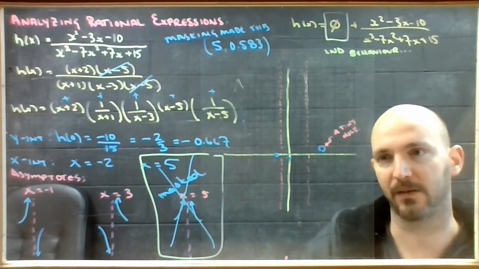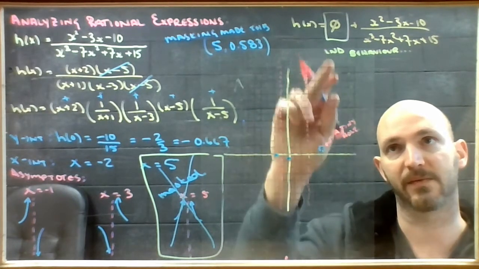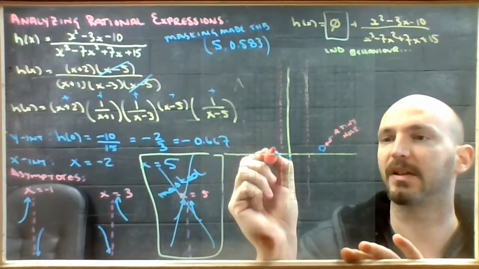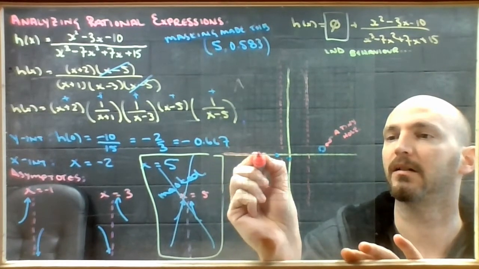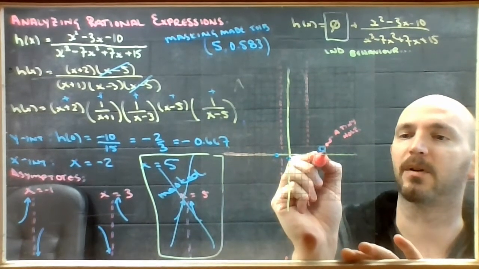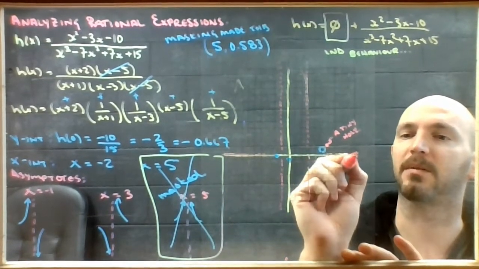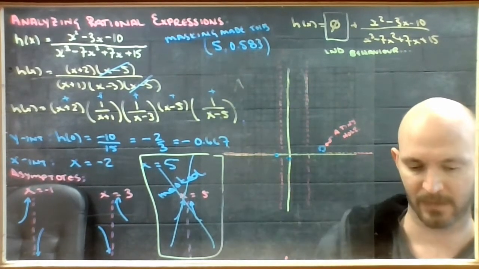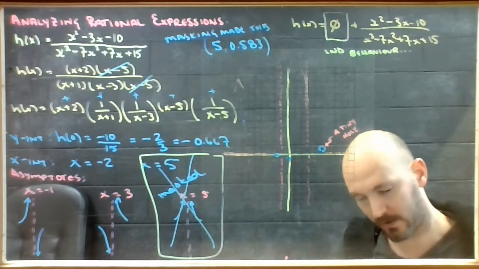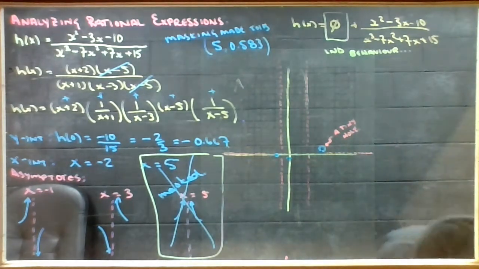And my end behaviors, this thing is settling on 0. So 0 is right about here. And I'm going to keep in mind that I'm only drawing it at the ends, not in the center. So the only thing left to do then is to connect all these lines.